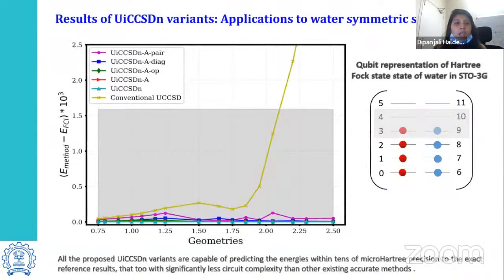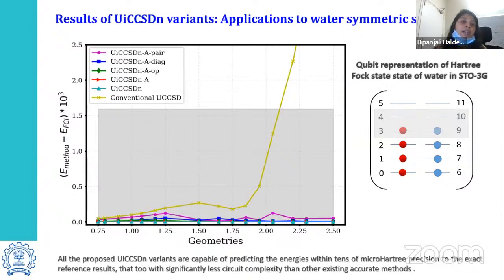So now we have run VQE with our UICCSD ansatz and its various approximations. And what we have seen is that all of our ansatz are capable of predicting energies within tens of microhartree precision for the single reference region as well as the strongly correlated region. I mean, throughout the potential energy surface.